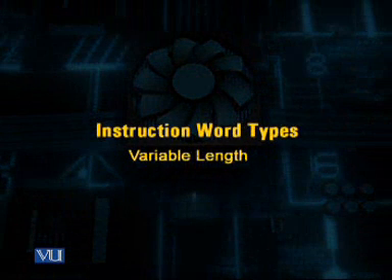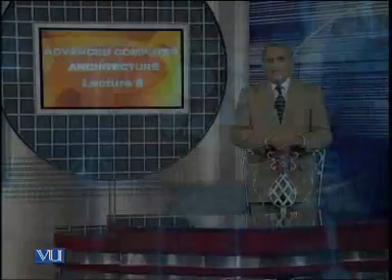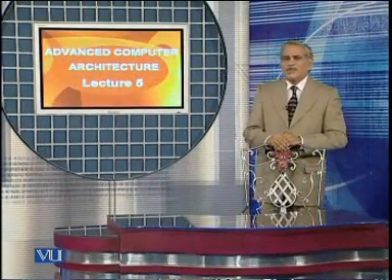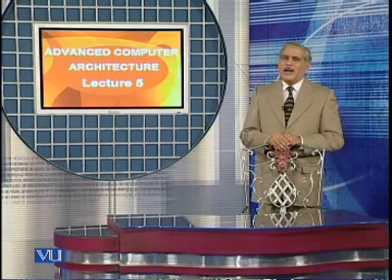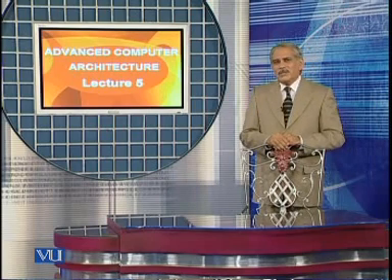The instruction words can be classified into different categories depending upon the length of the instruction word. The first and the simplest one is the variable length instruction word. The variable instruction word format is one where we use a fixed length operation code followed by the address specifier and an address field depending upon the number of operands and where the result is to be stored.